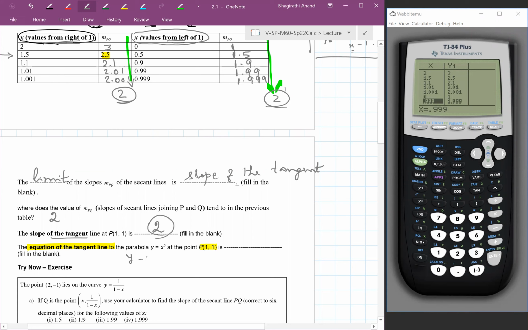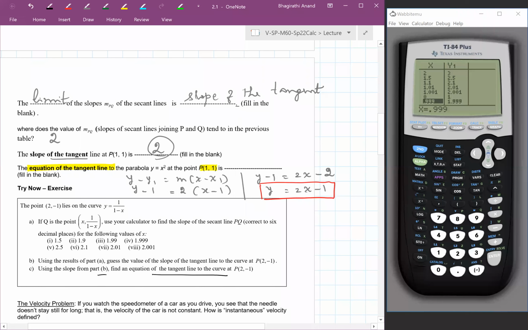So the equation is y minus y1 equals m times x minus x1, where (x1, y1) is (1, 1). So y minus 1 equals 2 times x minus 1. If I distribute the 2, I get 2x minus 2. Then move the negative 1 to the other side, it becomes y equals 2x minus 1. That is the equation of the tangent line.